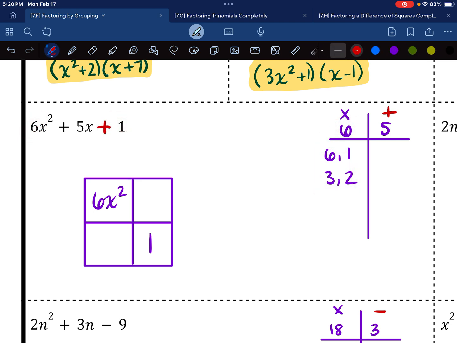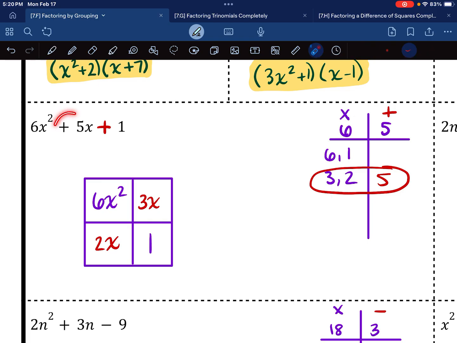My choice sign is a plus, so I'm adding to make 5 here, which would be 3 and 2 here. So I'm going to call it a 3x and a 2x. And I think about my signs. To get a positive 5x, these both have to be positive terms. All right, so now I'm taking my GCFs.